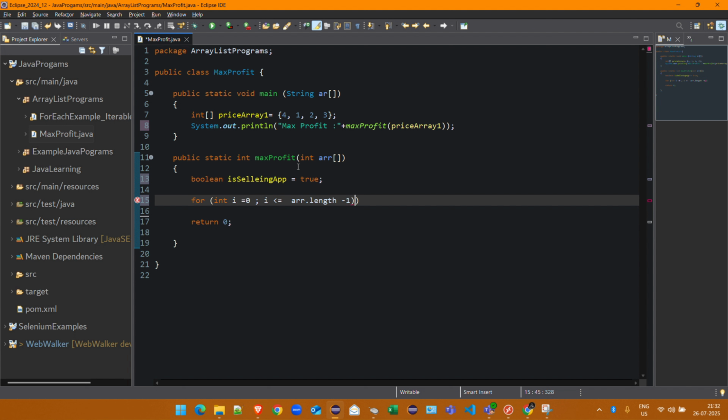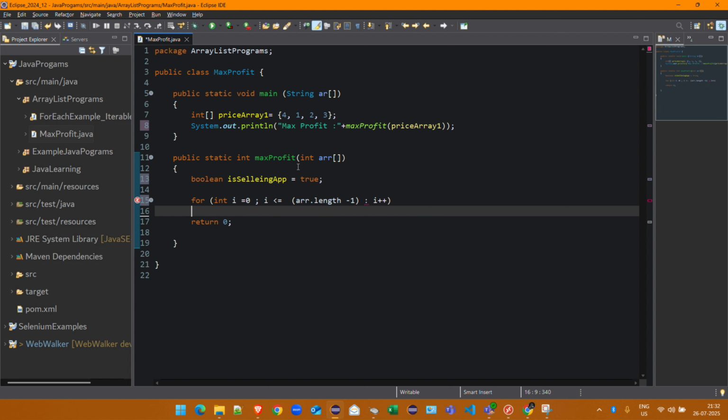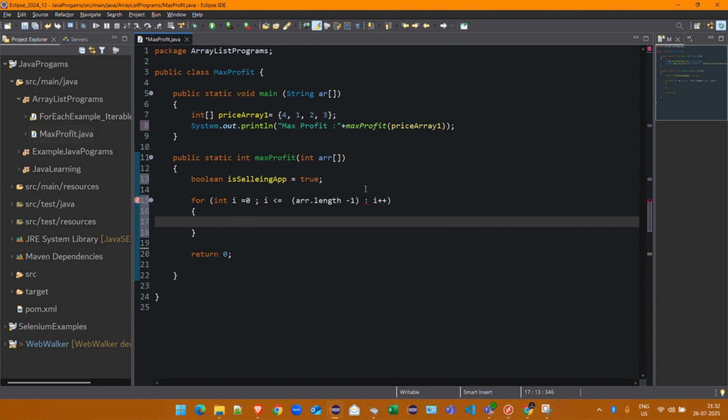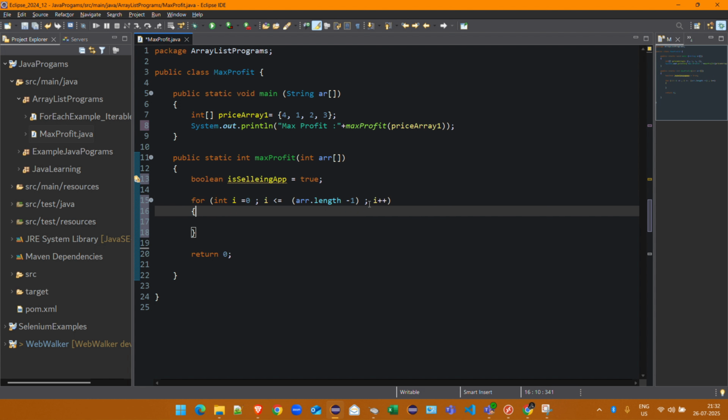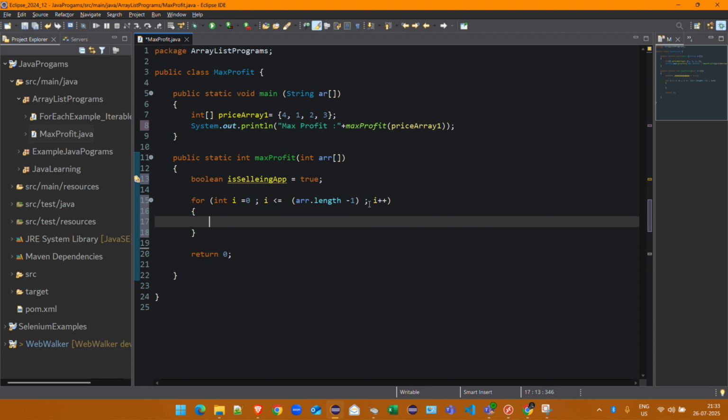We have to traverse till the last index, and by that time we will have to increment the integer i, right? Now I will take the price on the ith day, the ith value. What is the ith value? It will be arr[i], definitely.